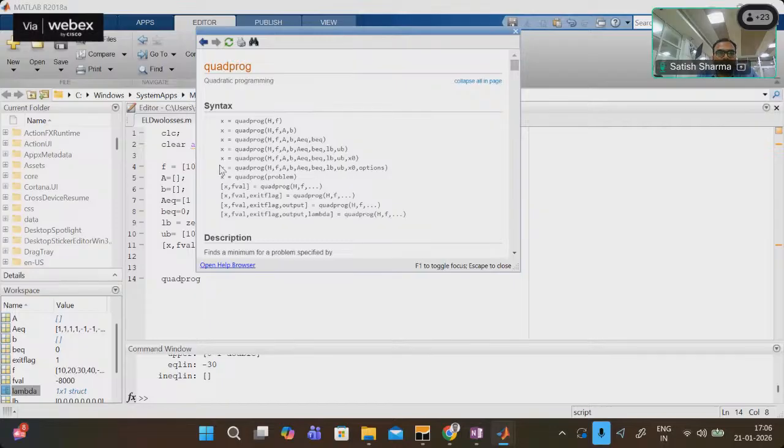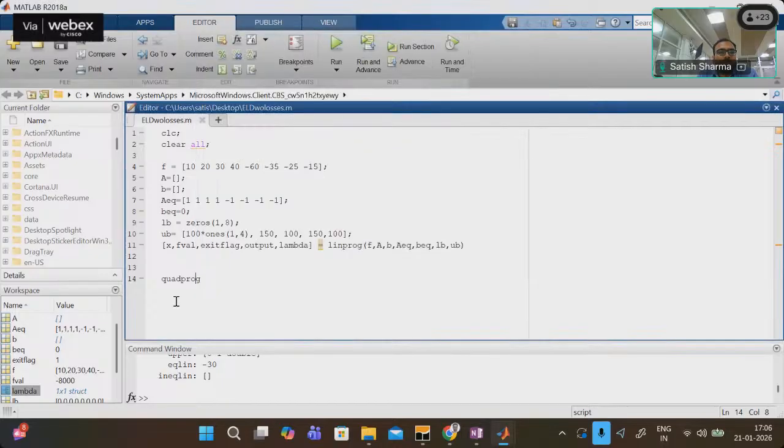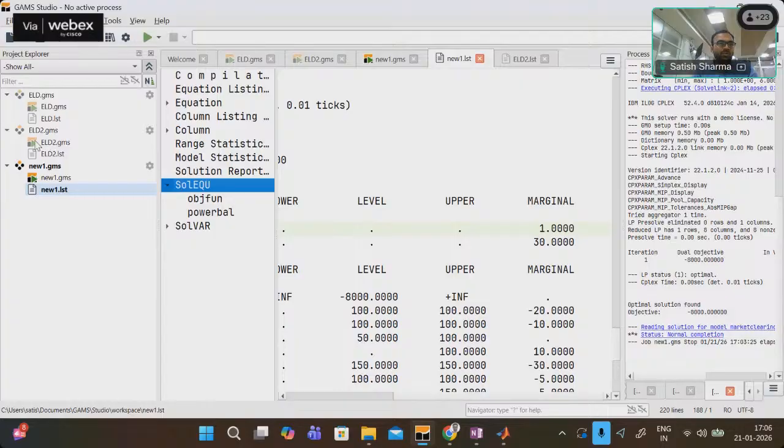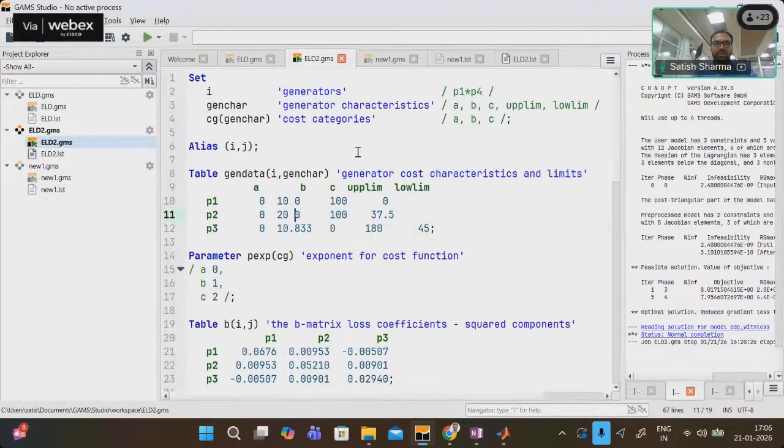So let me just copy it again. So only H is needed here. So let's not go into that. Okay. So what was the input data for this economic load dispatch problem? How to write the economic load dispatch problem? Let me take the same data.